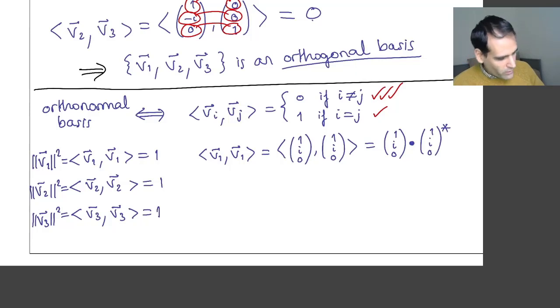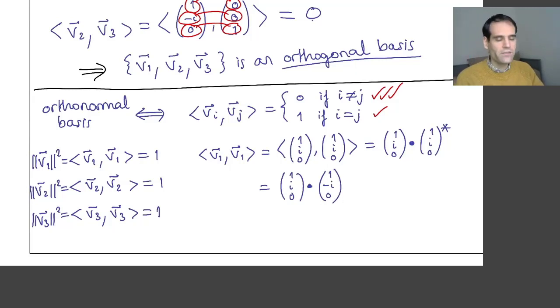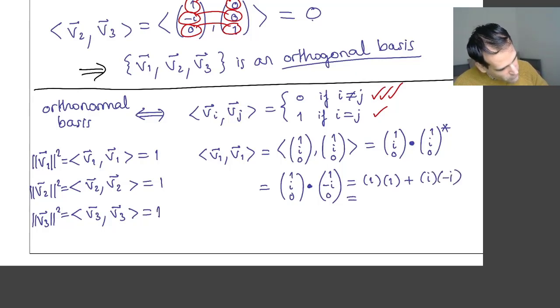The complex conjugate, as usual, is flipping the sign of the imaginary parts. So the complex conjugate of 1, i, 0 is 1, minus i, 0. And now we need to do this dot product. This will be 1 times 1 plus i times minus i, which is equal to 1 plus 1, which equals 2, which is not equal to 1.